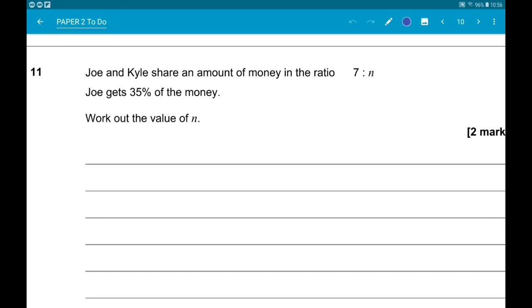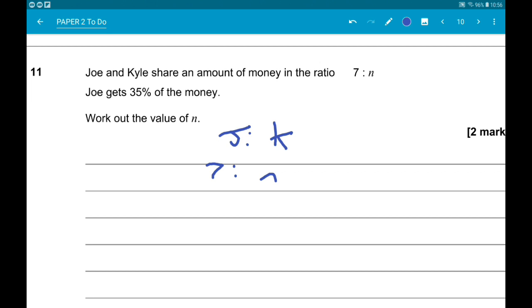It's a good time. So, Joe and Kyle share an amount of money in the ratio 7 to n. So, J to K, 7 to n. Joe gets 35% of the money. Work out the value of n.